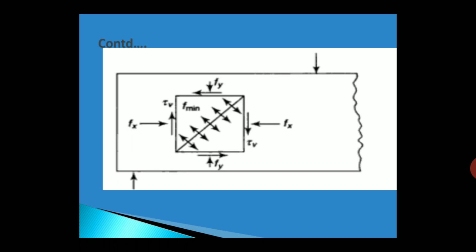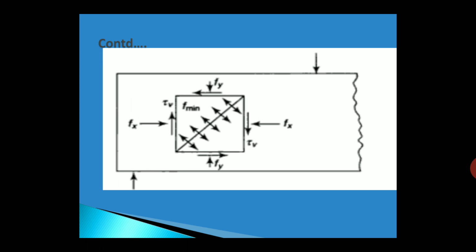Now this is the diagram about which we are talking, that is the shear diagram. Fx and Fy are your direct stresses. Generally in the case of beams it is rare that we have Fy. If it is asked or given, we have to use it because Fy comes with the vertical pre-stressing, whereas Fx is the horizontal pre-stress applied.